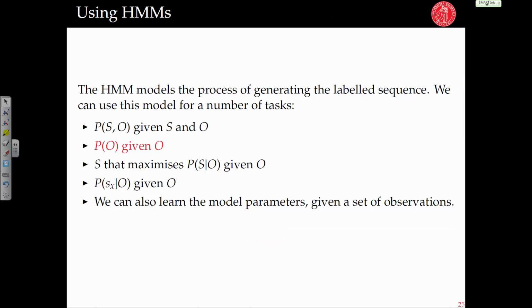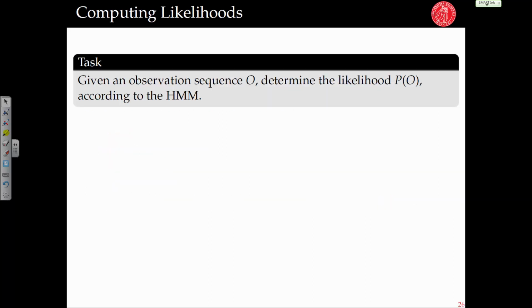Sorry, but I have to run through the next part, which is, as I said, that we can use the hidden Markov model to predict the probability of a sequence, of a sentence. So that's the P of O. Given an observation sequence, we want to determine the likelihood of this observation sequence according to the HMM.